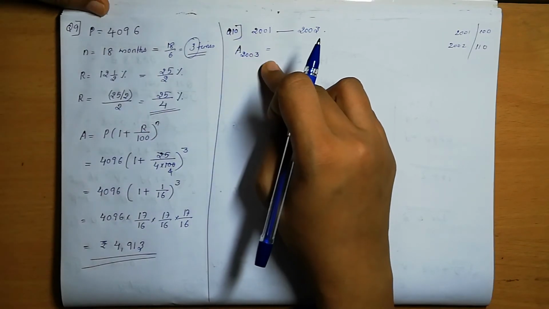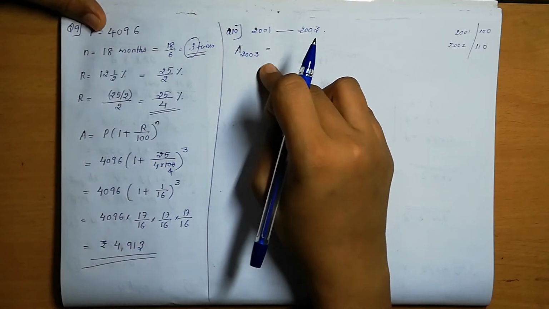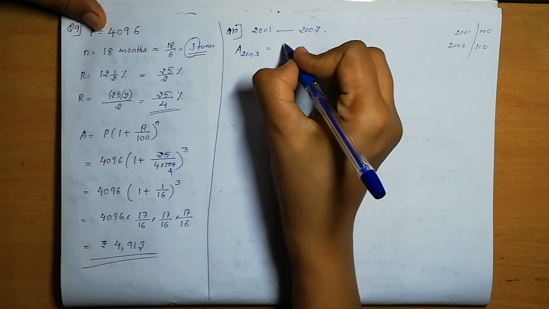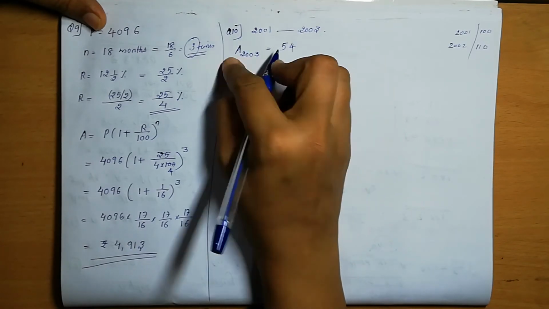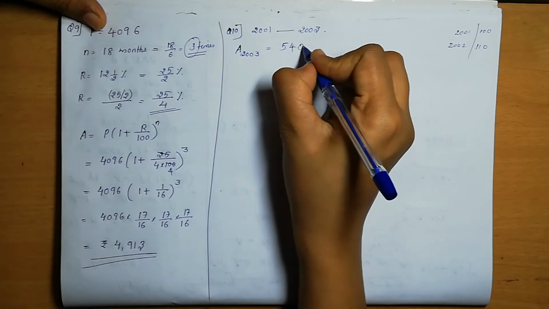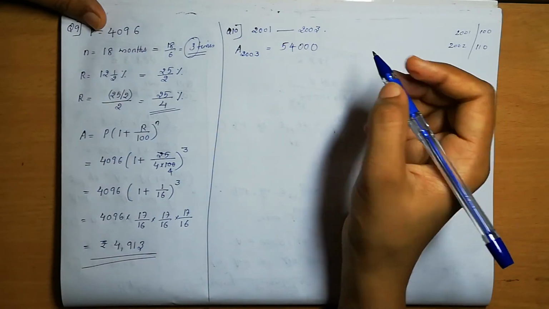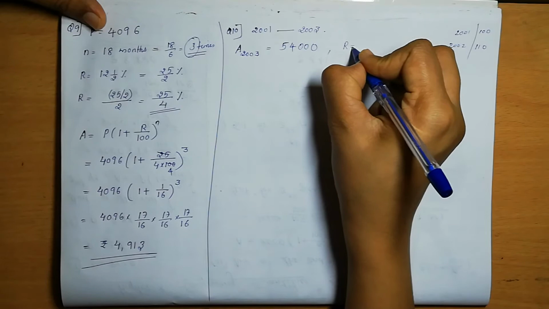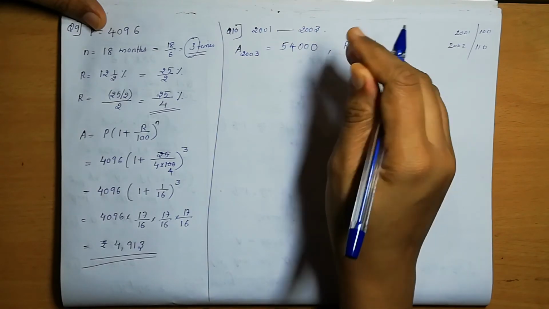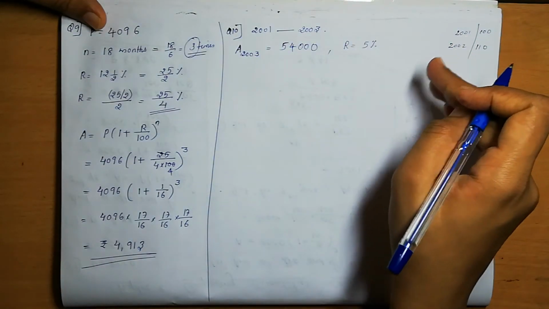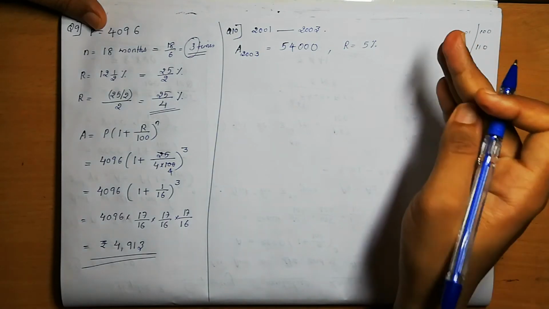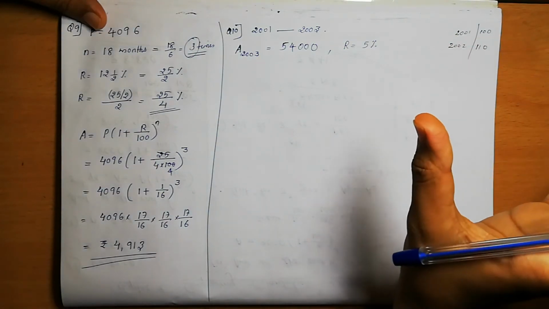So the population in the year 2003 is the same as the amount only. That means we can write A 2003 is 54,000 at the rate of 5% per annum. So the increment rate is how much? 5%. So if in 2001 the population was 100, it is increased by 5%. That means 100 into 5 by 100, how much is increasing? 5.